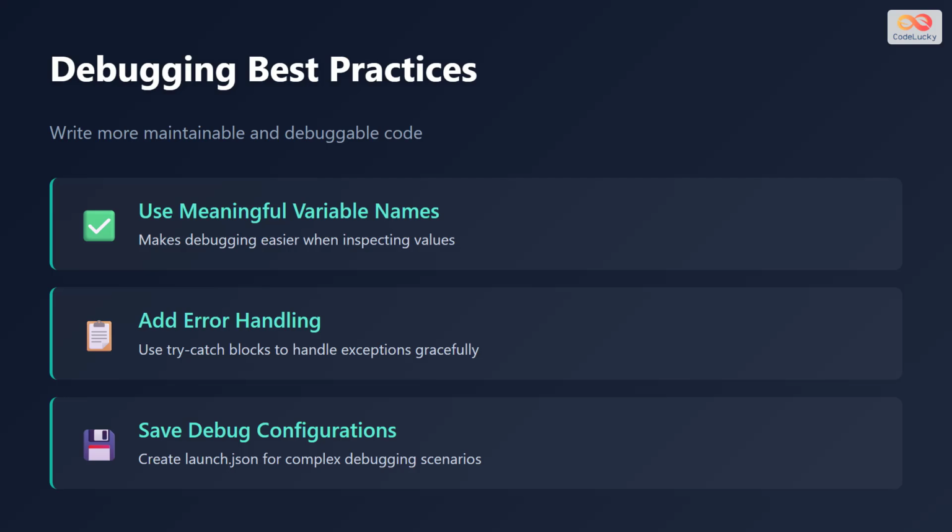Third, save your debug configurations in the launch.json file for complex debugging scenarios, such as when you need to pass specific parameters or debug multiple files. These configurations can be reused and shared with team members. Adopting these practices from the start will make your debugging experience more efficient and your code more professional.